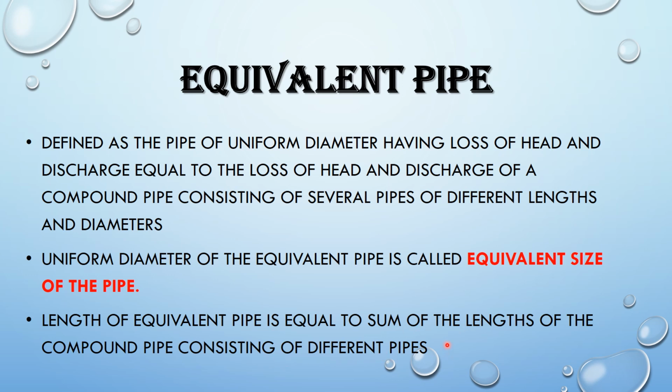So equivalent pipe is nothing but replacing the two or three compound pipes fitted in series connection by a single pipeline, such that the loss of head and the discharge remain equal. Such a pipe having uniform diameter is known as the equivalent pipe, or it is called the equivalent size of the pipe.